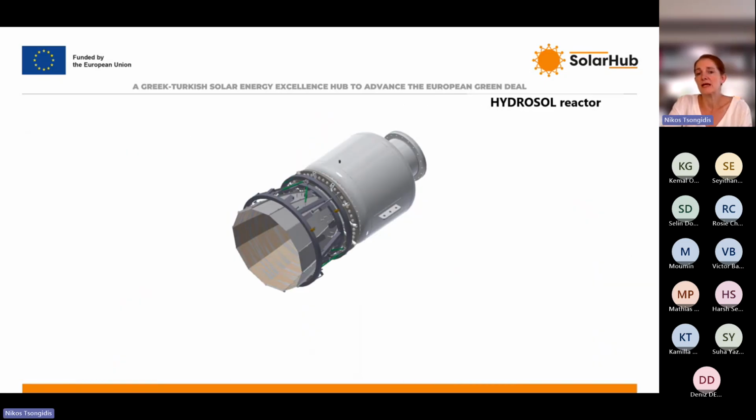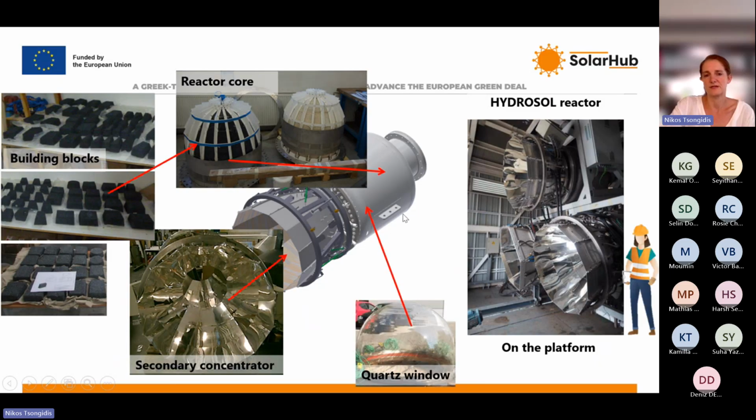So in order to scale up and go up to the demonstration scale on an actual solar platform, there are specific needs for the reactor, and I'm just going to show you here an example of the hydrosol reactor that has been used in the previous projects in Hydrosol Beyond and Hydrosol Plant. You can see here the full reactor with the secondary concentrator and the reactor vessel.